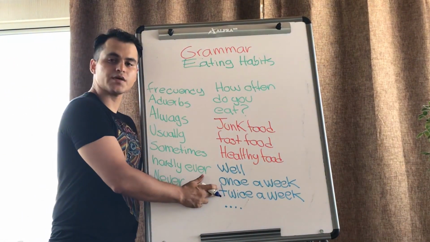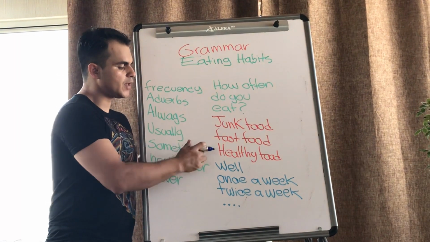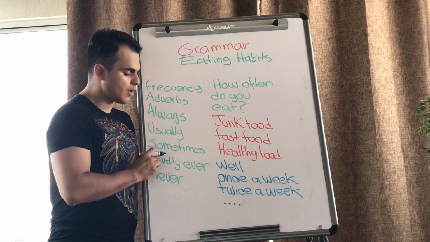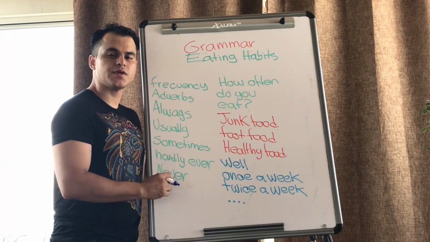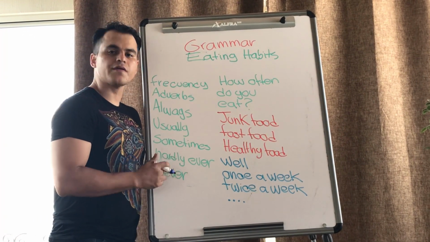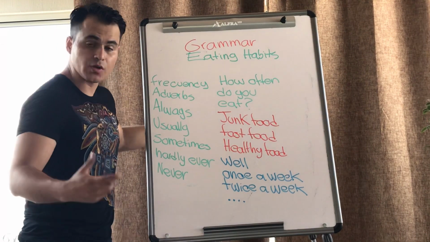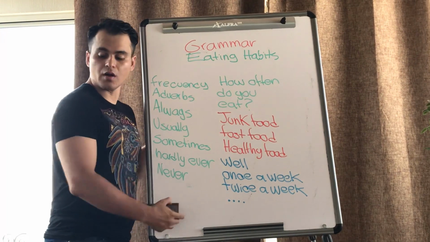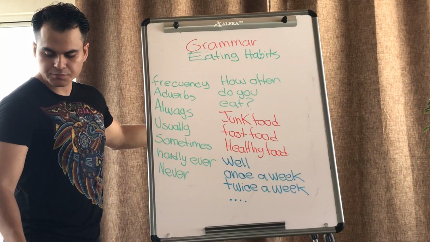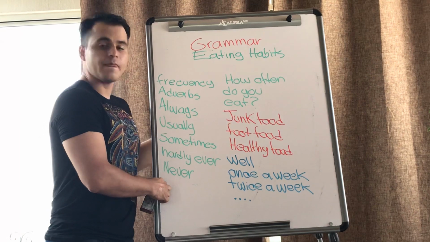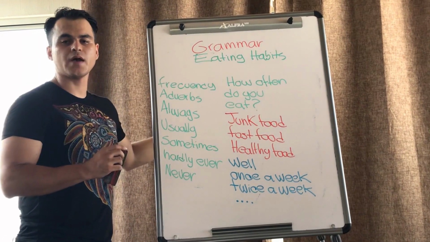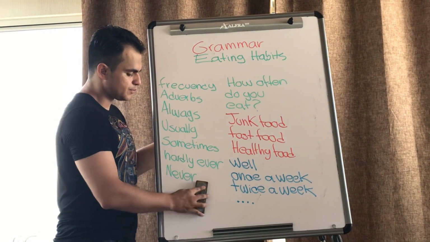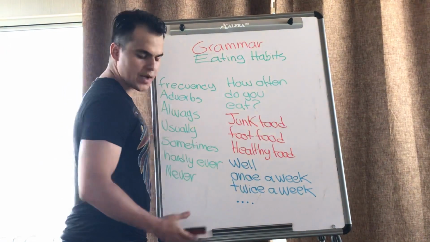Well, twice a week. And how often do you eat healthy food? Hardly ever. I should do that. Alright? What other things can we use? Can we write? Once a week, twice a week, or we can use the things that we have on our book, alright? On our book we have this, let's write it.